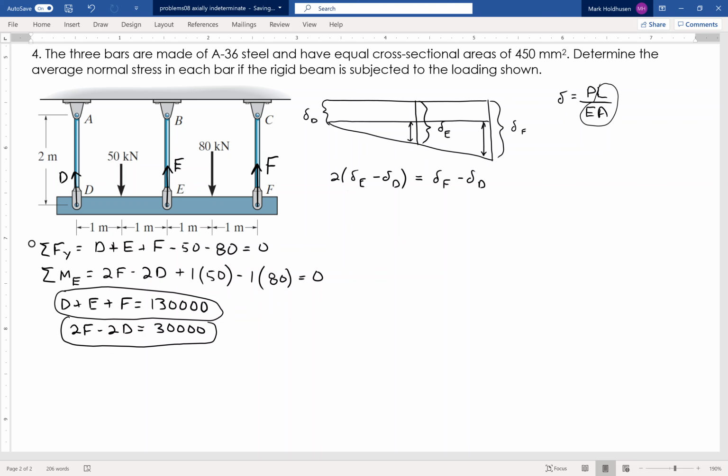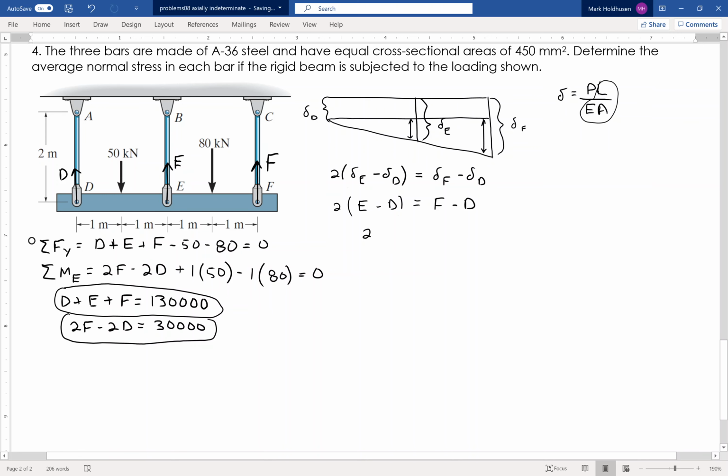So I can rewrite this as 2 times the force at E minus the force at D equals the force at F minus the force at D. Because the L over EAs are all the same, I can divide through and get rid of all of them.